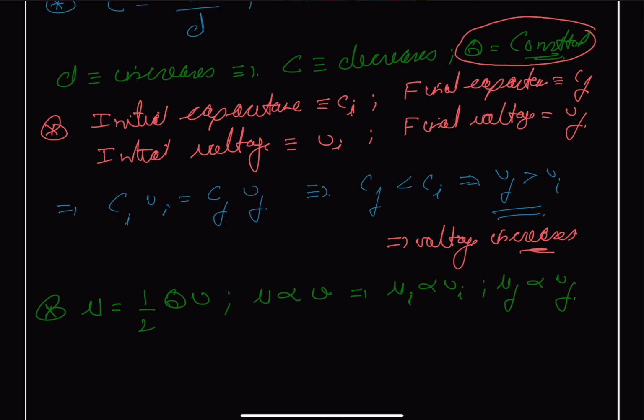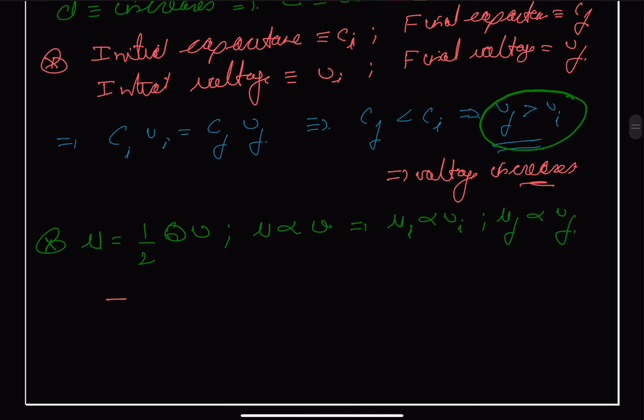And we just found out our V final is greater than our V initial. Thus we can write that U final is greater than U initial. So it means the potential energy also increases.